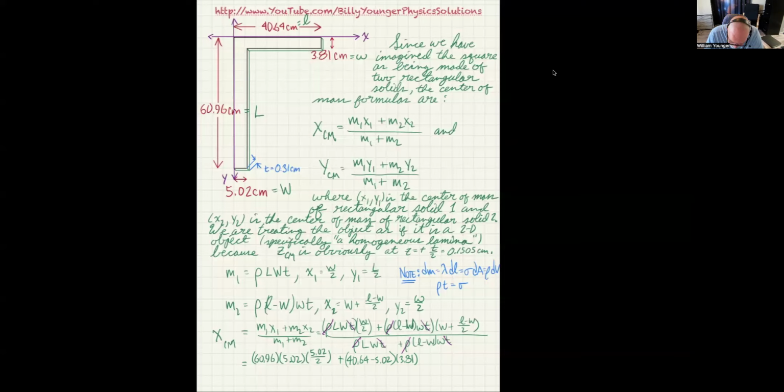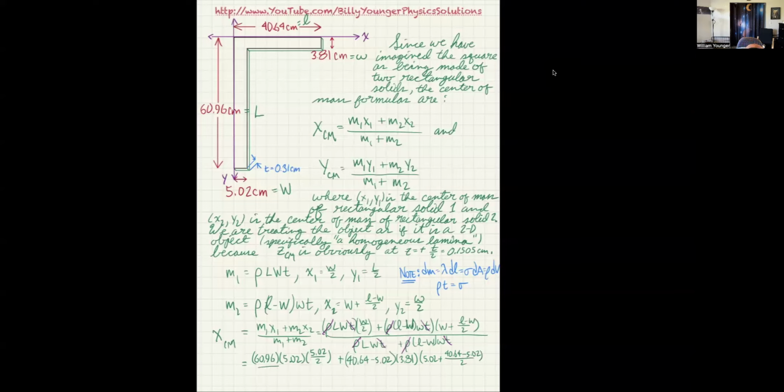So now that's the L minus W times the omega. Now I've got to take W plus L minus W over 2. Well, W is 5.02, and L minus W is basically 40.64 minus 5.02, divided by 2.